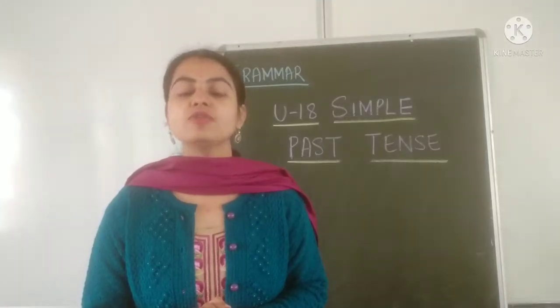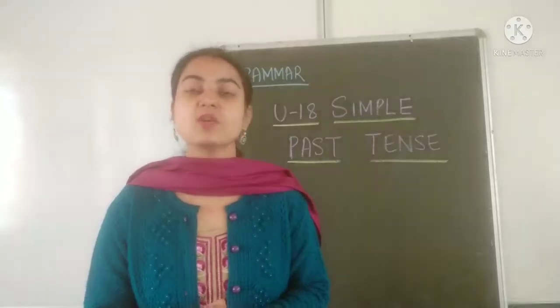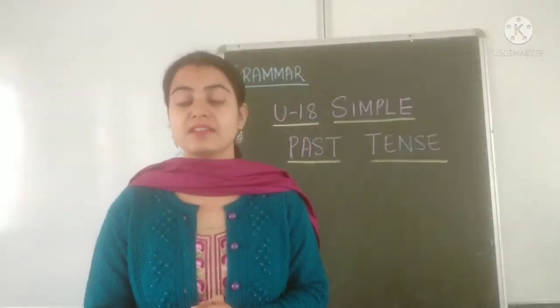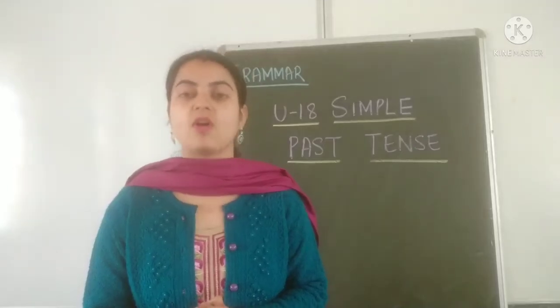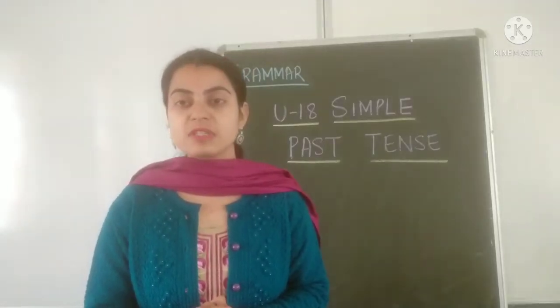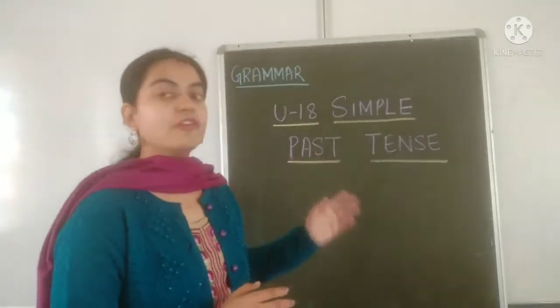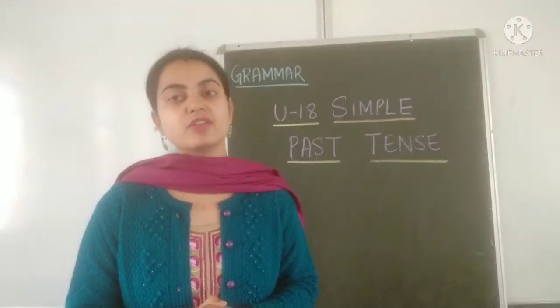Also, how to change simple past tense sentences into interrogative sentences. That is how to form questions based on simple past tense. There are some rules which need to be followed while doing so. So, let us get started with our topic.